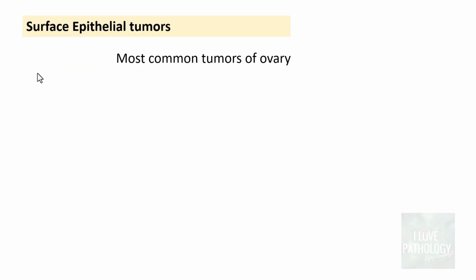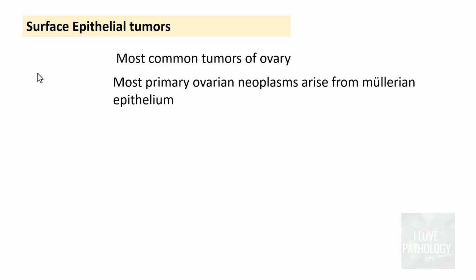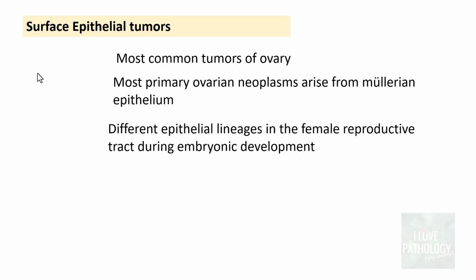Now, what are these surface epithelial stromal tumors? As I told you, these are the most common tumors of the ovary. Among surface epithelial tumors, we need to know that most of these primary ovarian neoplasms arise from Mullerian epithelium. See, there are different epithelial lineages in the female reproductive tract during embryonic development.